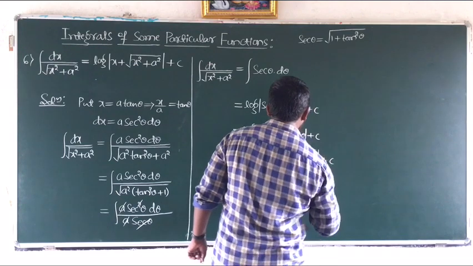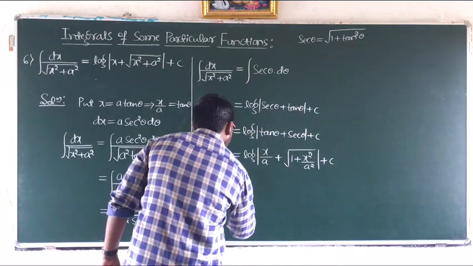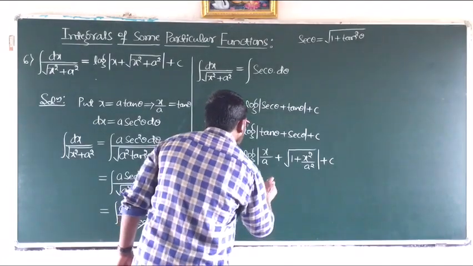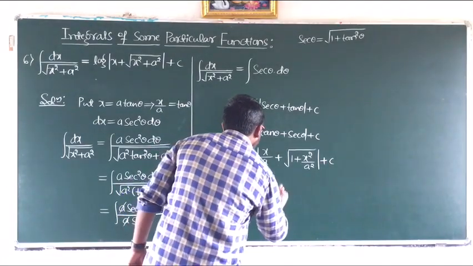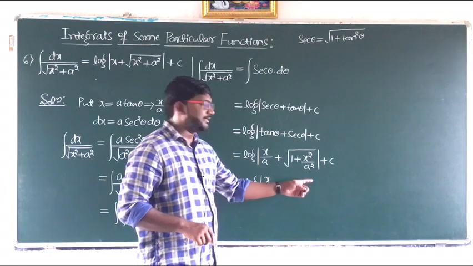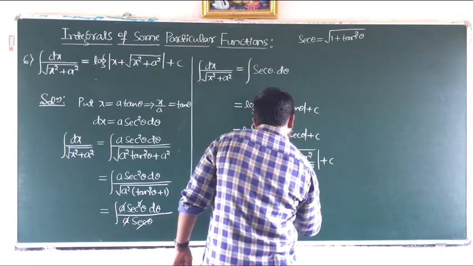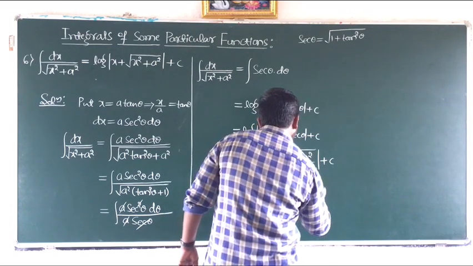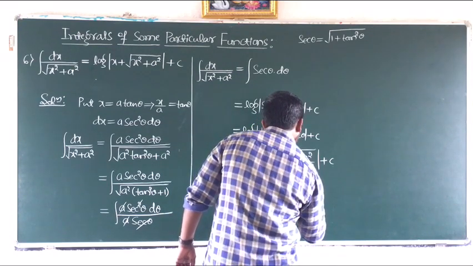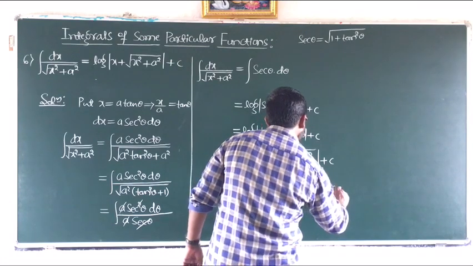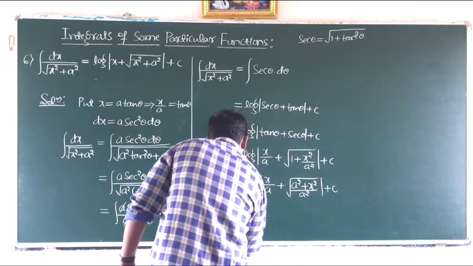Now see here, which is equals to log mod x by a, I write it as it is, plus, now take up the LCM, a square multiplied with 1, we get a square plus x square divided by a square, mod complete plus c.